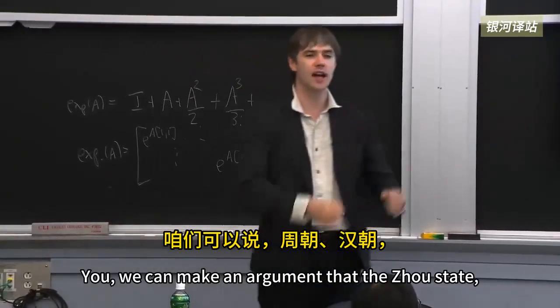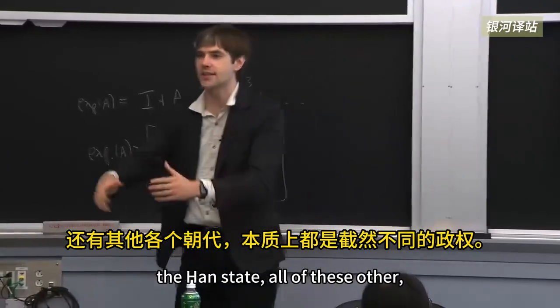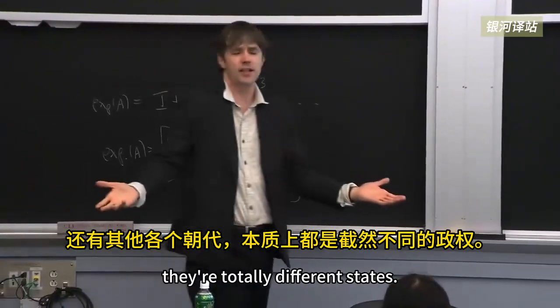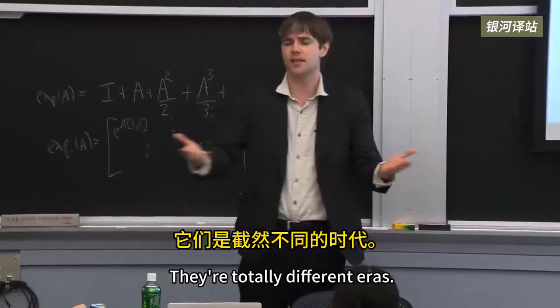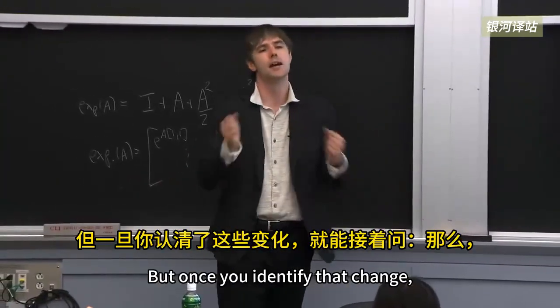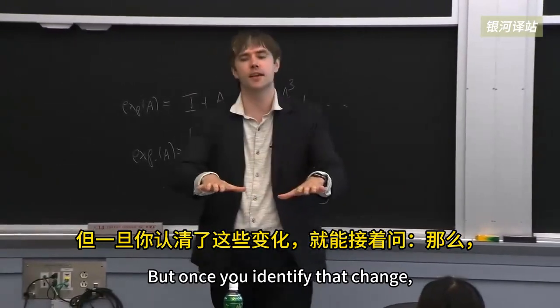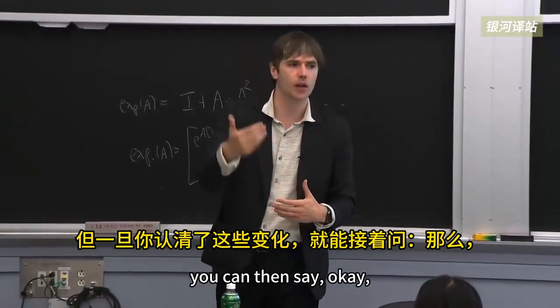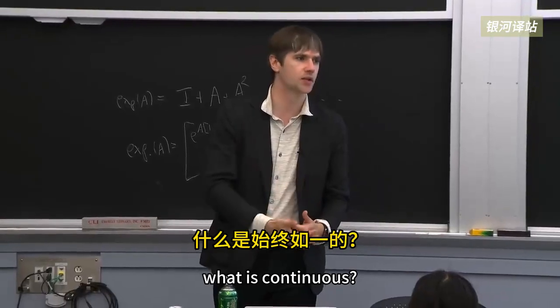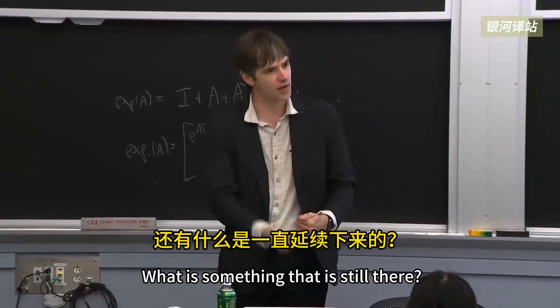We can make an argument that the Zhou state, the Han state, all of these, they're totally different states, totally different eras. They have totally different cultures. But once you identify that change, you can then say, okay, what is continuous? What is something that is still there?